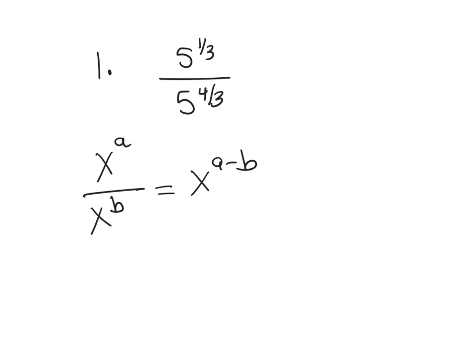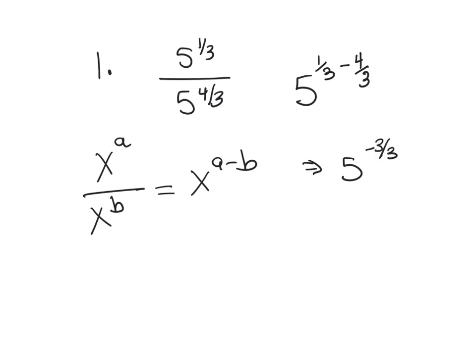So here I have the same base, so this is 5 to the 1/3 minus 4/3. Now lucky us, these already have common denominators, so I don't even need to make a common denominator. That is equal to 5 to the negative 3/3.